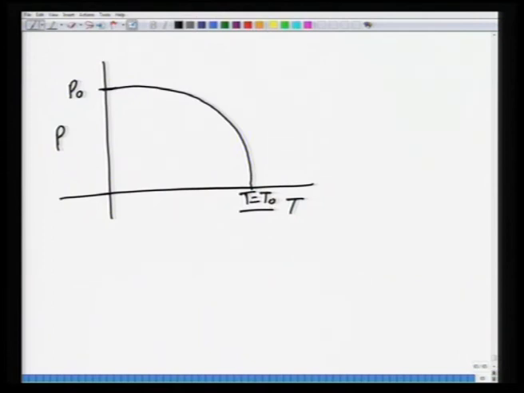And now you can also do the susceptibility.